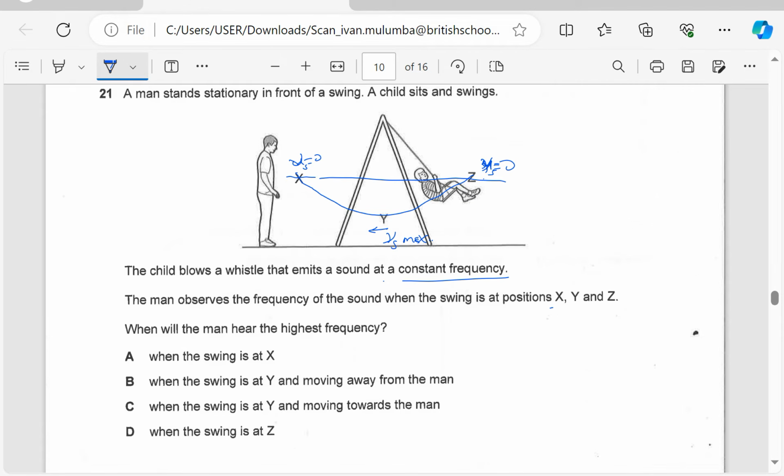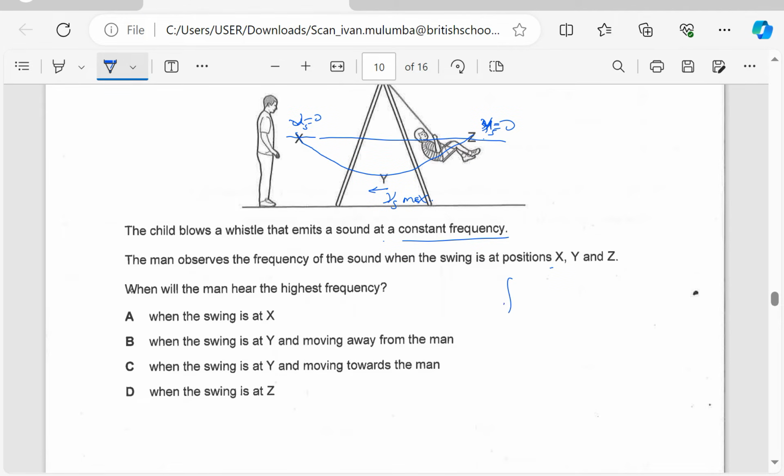Because if we look at the equation, the observed frequency is equal to v divided by v plus or minus the speed of the source, times the frequency of the source. At X and Z, the speed of the source equals 0.